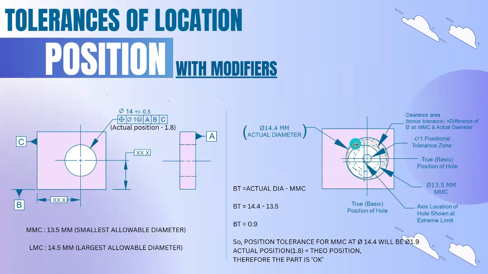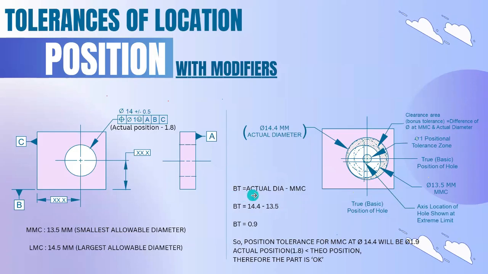So here we're going to find out this clearance. Clearance is a bonus, so technically we can call it bonus tolerance. The bonus tolerance is calculated by actual diameter minus MMC. If we find the difference, we get this clearance value. Here BT means bonus tolerance.